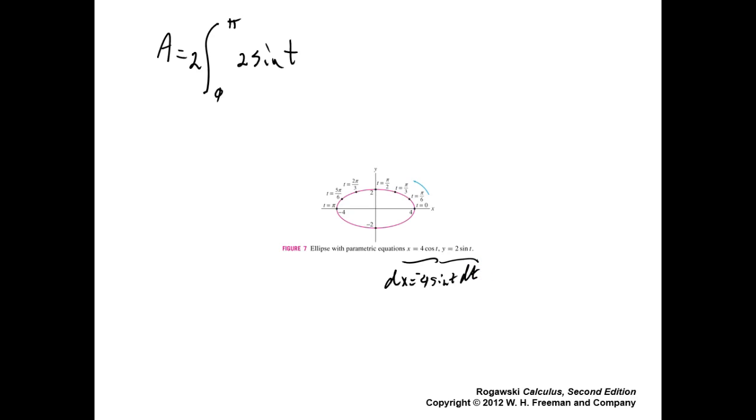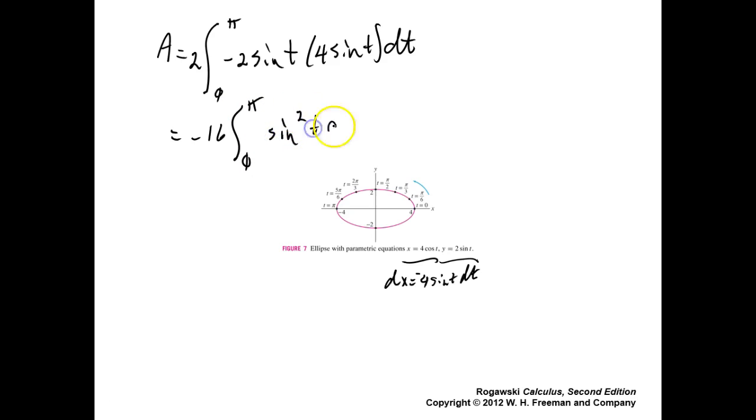So your dx is that, so that's going to have a minus here, 4 sine t dt. Well, that's looking a lot like we've got a minus 16, the integral from 0 to pi of sine squared t dt. Y'all buy that?